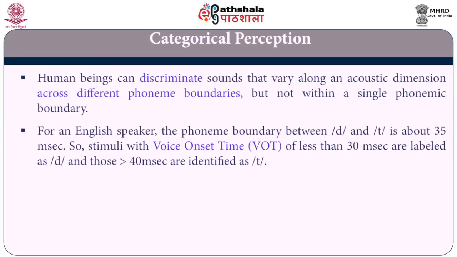English speakers require 30 or below milliseconds to perceive it as voiced, 40 or more milliseconds to perceive it as voiceless, right? But this 30-40 thing doesn't remain for Spanish, German and Telugu. Native speakers require different amounts of acoustic cues to make the same categorization. Between two sounds, you require different degrees of acoustic phonetic information.